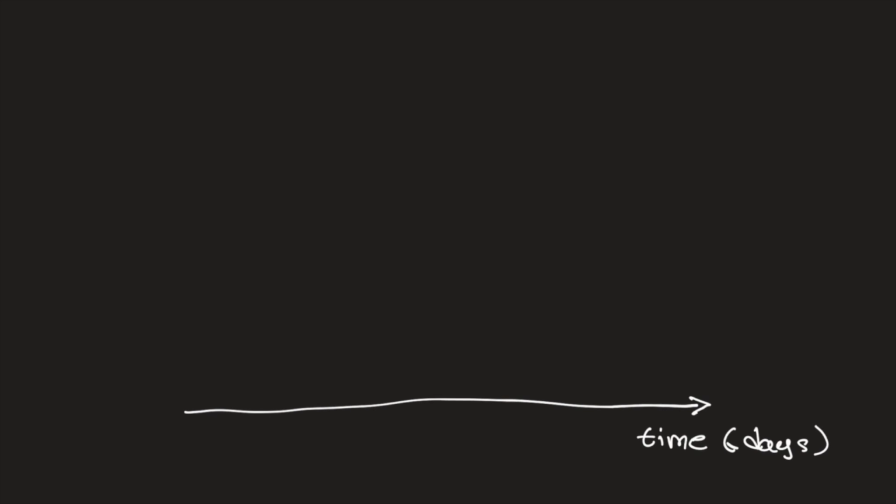So this is time, and we are going to measure this time in days. And then in the vertical axis, we are going to have sales, and this is going to be in dollars.